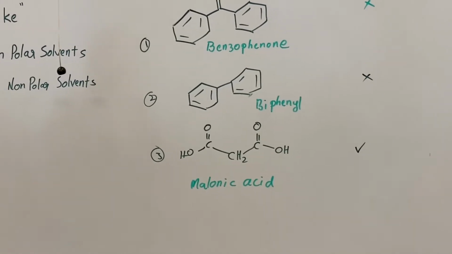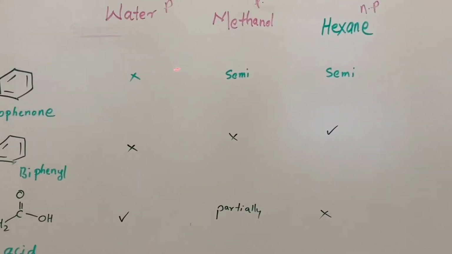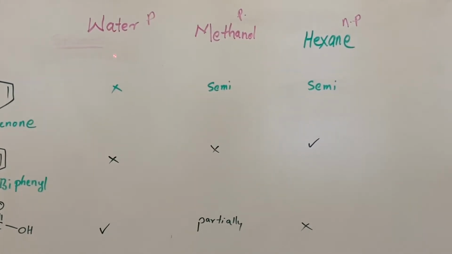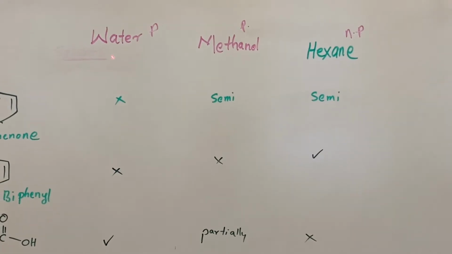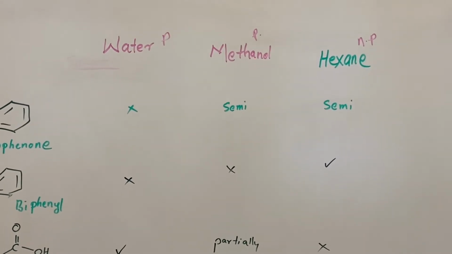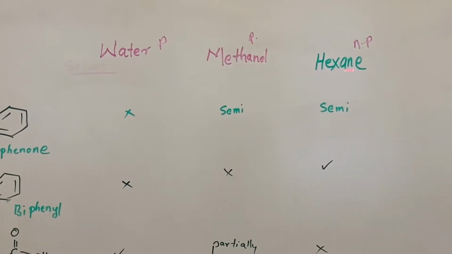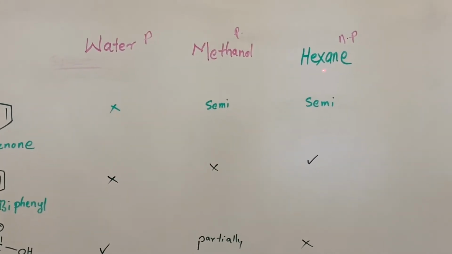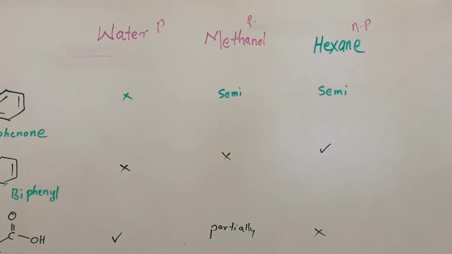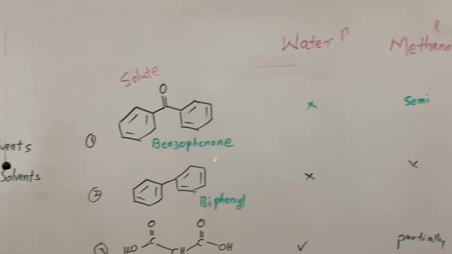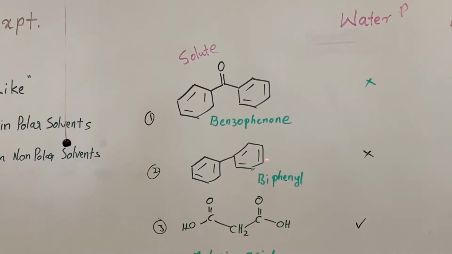Look at the solvents now. Water we already know is polar because H2O, right? And methanol is polar, but not as much as water. Hexane is a hydrocarbon, so it's a non-polar solvent. I'm going to demonstrate at least one of these compounds, biphenyl.